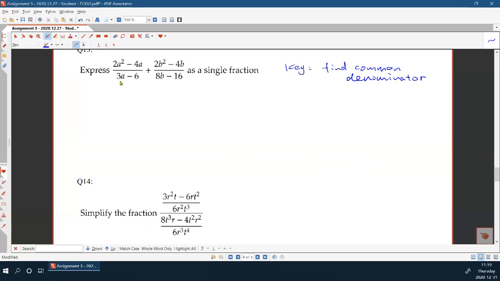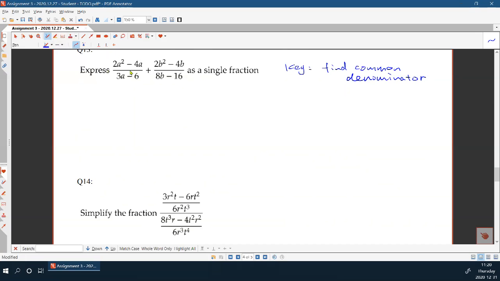So we have 3a minus 6 and 8b minus 16. First of all, let's see if we can cancel something on these two terms. Apparently we can.